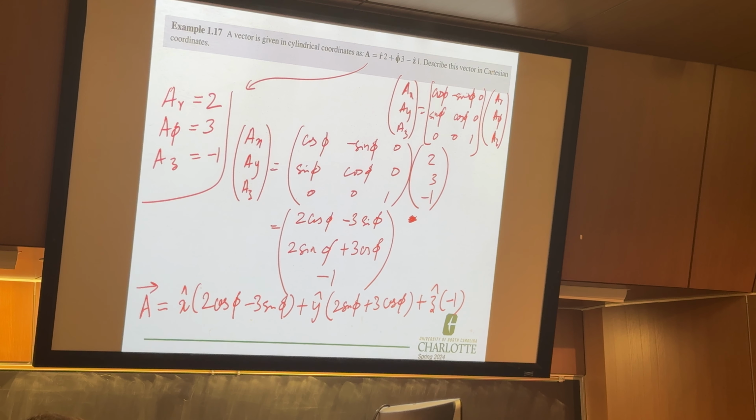The top equation is there, and all we've done is applied this transformation matrix, and magically we get the same vector in the XYZ coordinate system. Okay? Any questions here so far? Okay.